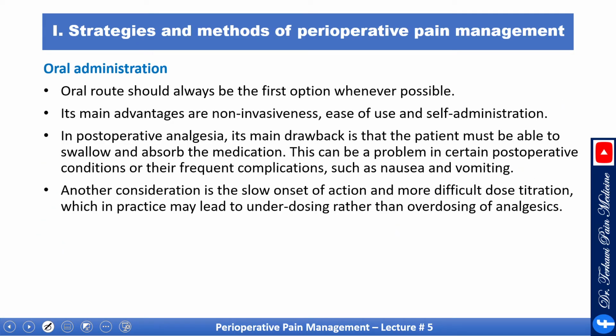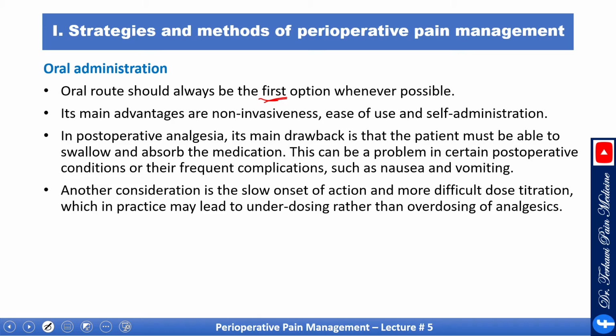Oral route should always be your first option whenever possible. Its main advantage: non-invasive, easy to use, and self-administered. In postoperative analgesia, its main drawback is that the patient must be able to swallow and absorb the medication.